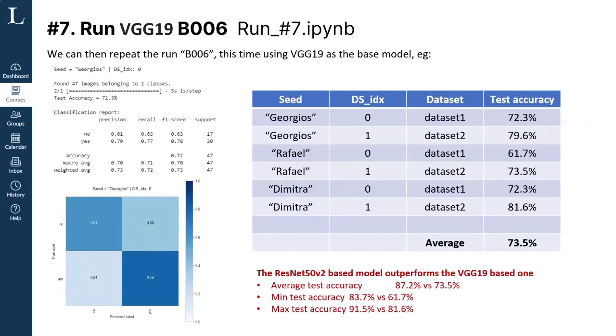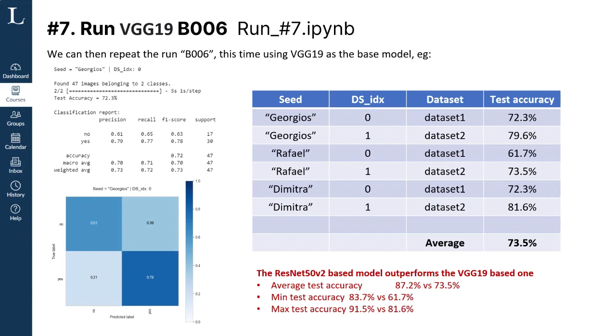We then demonstrate the use of the VGG19 pre-trained model on the same 6 combinations of datasets and seeds, and we get the same graphs and reports. If we tabulate the 6 test accuracies, this averages to approximately 73%.